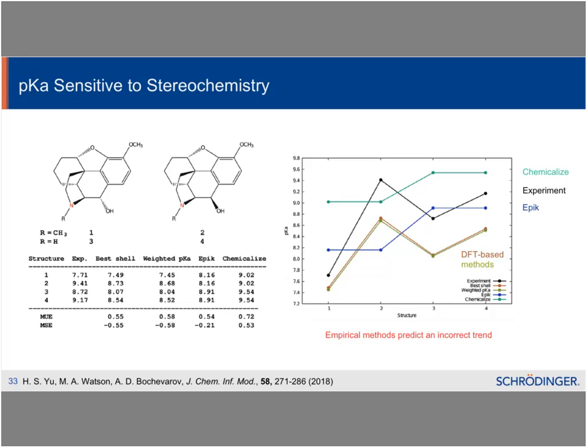But if you compute the mean unsigned error, all these methods predict pretty good results. So the trends here are reproduced by DFT-based methods, but not by empirical methods. We have seen such results in many cases, and that's just one little example.